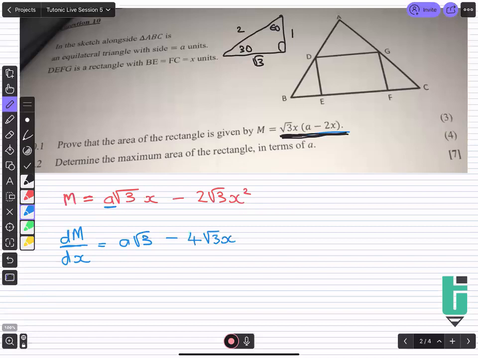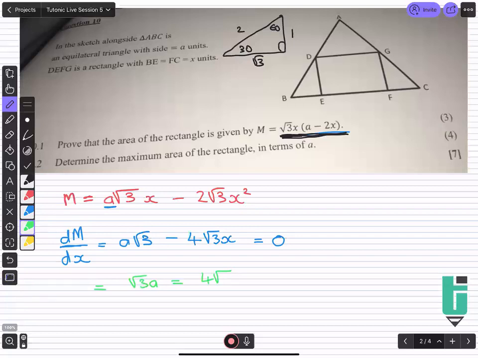What's next? Set it equal to 0. And who's going to help me solve this? Take the minus 4 root 3x over. Right, so we could say root 3a equals 4 root 3x.